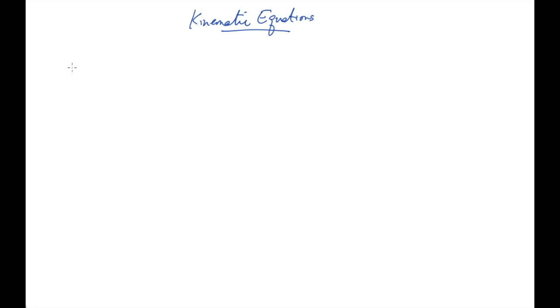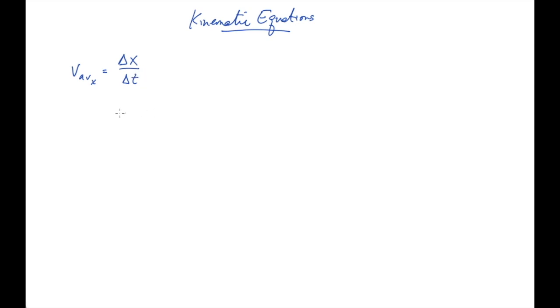The first one that we need is the definition of average velocity. And I'm going to write it, instead of as a vector, I'm just going to grab the x component of it. So the x component of average velocity is delta x over delta t.